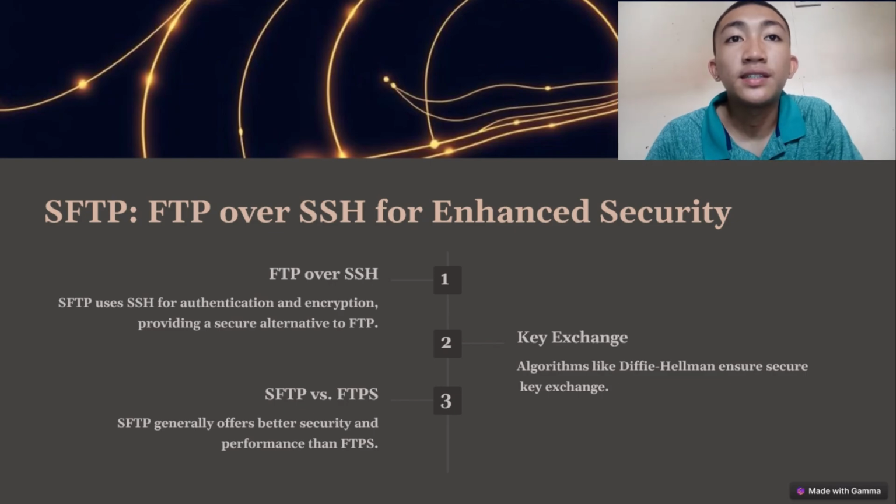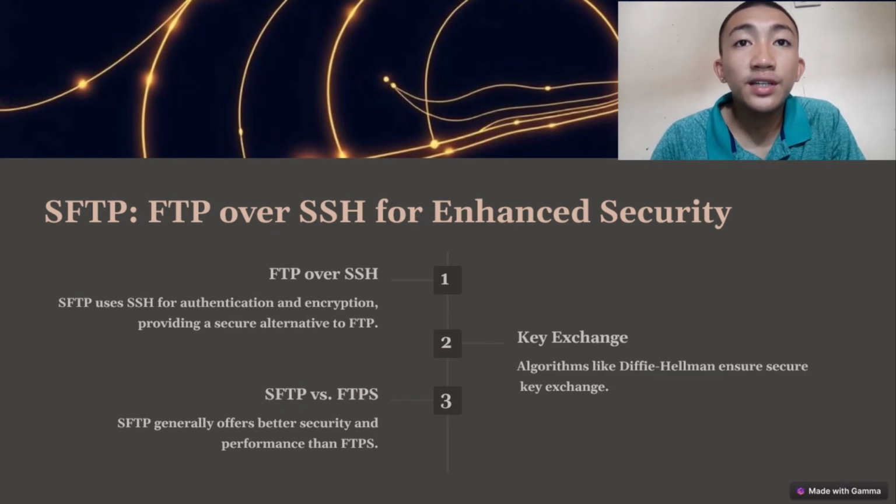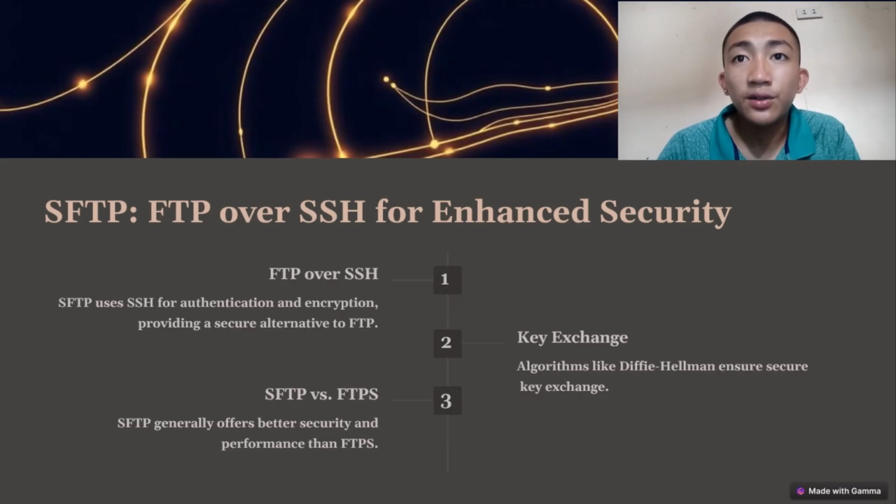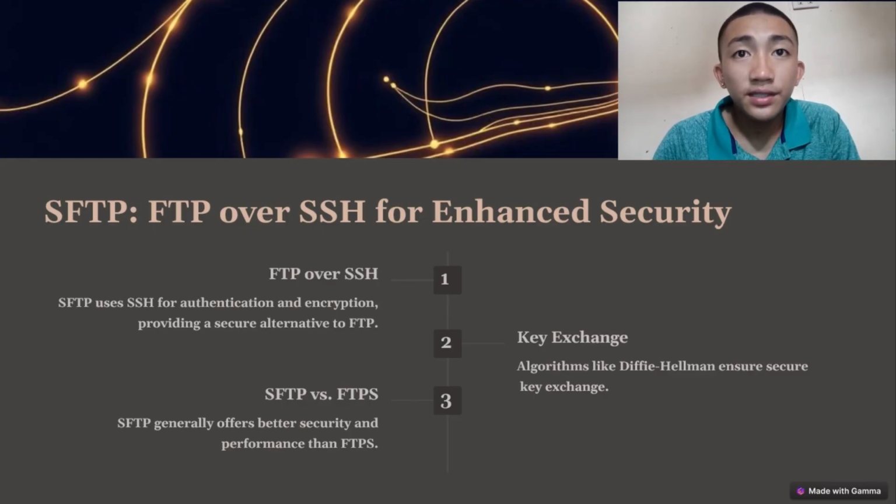FTP over SSH: SFTP uses SSH for authentication and encryption, providing a secure alternative to FTP. Key exchange algorithms like Diffie-Hellman ensure secure exchange. SFTP versus FTPS: SFTP generally offers better security and performance than FTPS.